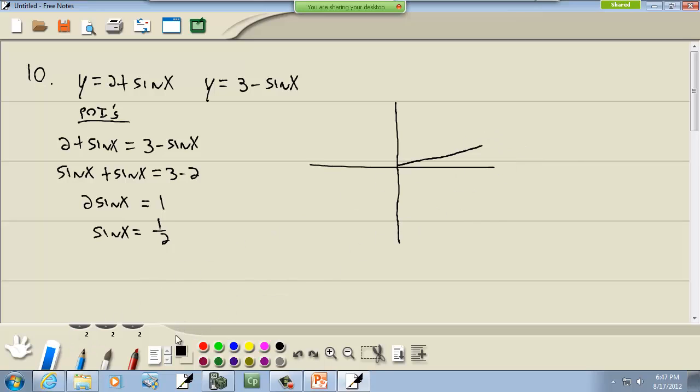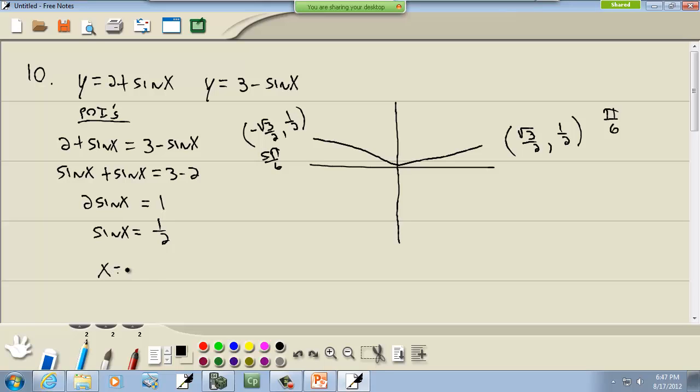Here, this one is square root of 3 over 2 and 1/2. And this is pi over 6. And then over on this side is negative square root of 3 over 2 and 1/2. And this one is 5 pi over 6 if you look in your unit circle.